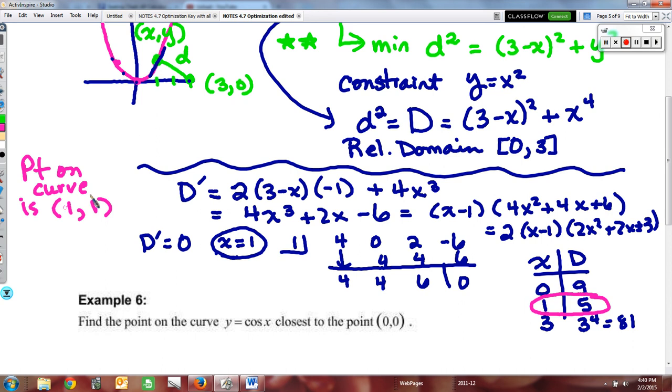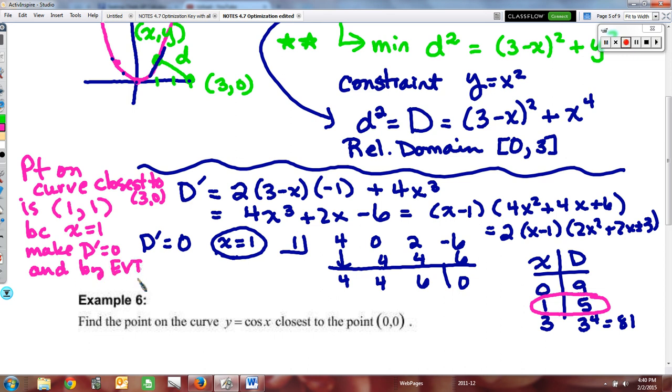The point on the curve closest to (3, 0) is (1, 1), because x equal to 1 makes our derivative equal to 0, and by the EVT, it is the smallest distance.